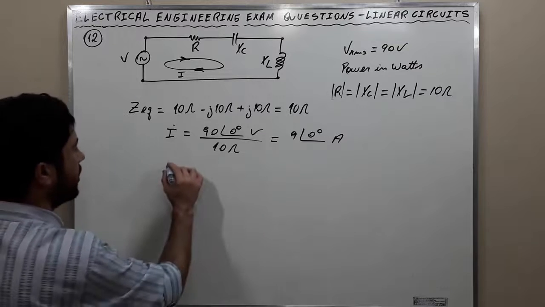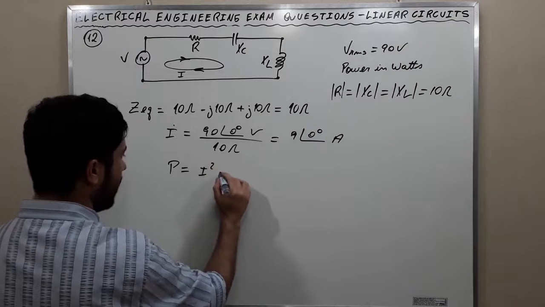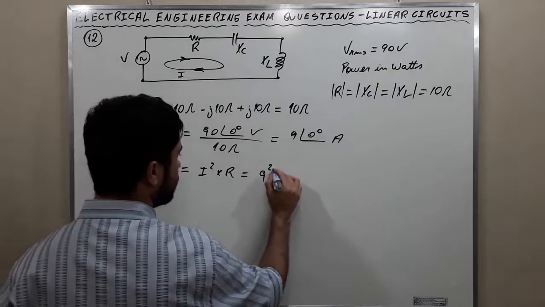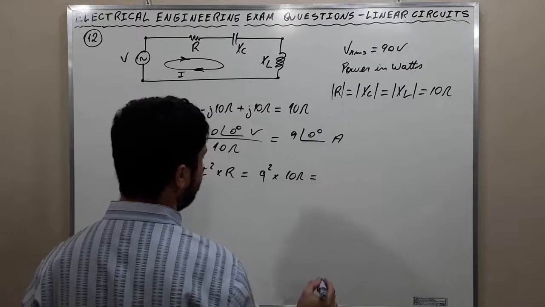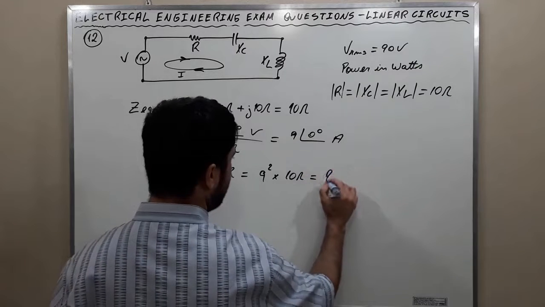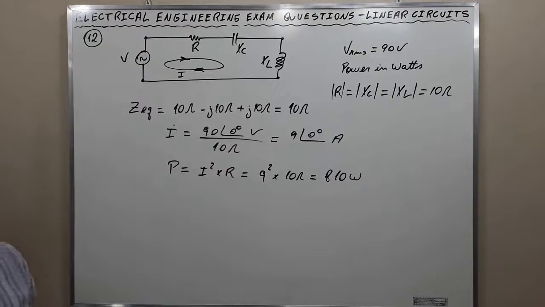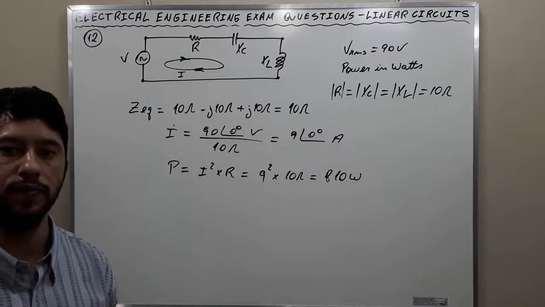When this happens, we can calculate it in this way. It's going to be the current squared times the resistance, which is equal to 9 squared times 10 ohms, and this is 810 watts. Okay, my friends, this is how we calculated the power in this circuit. Alright, this is all for exercise 12. Let's go to exercise 13.